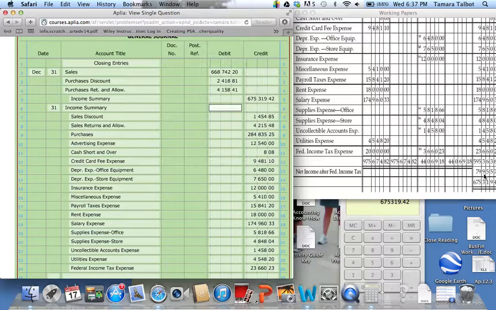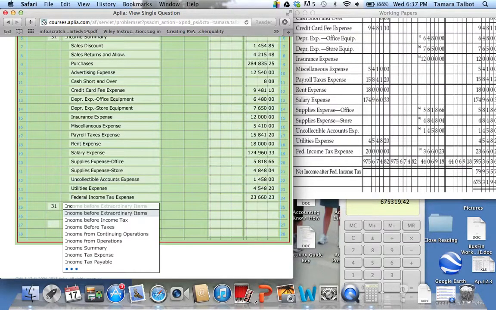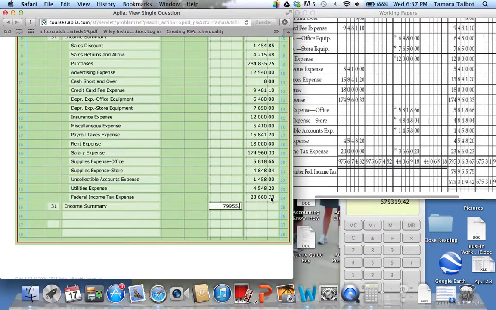So if we had a net income, that means income summary would have been a credit balance. So to close it, we need to debit it. So we'll do income summary, and it'll be a debit for the amount of the net income. And we will credit retained earnings for the same amount.